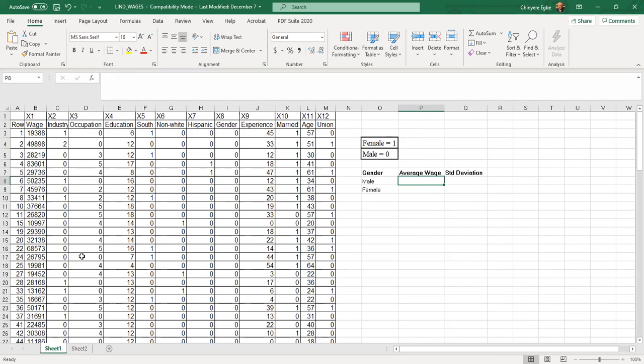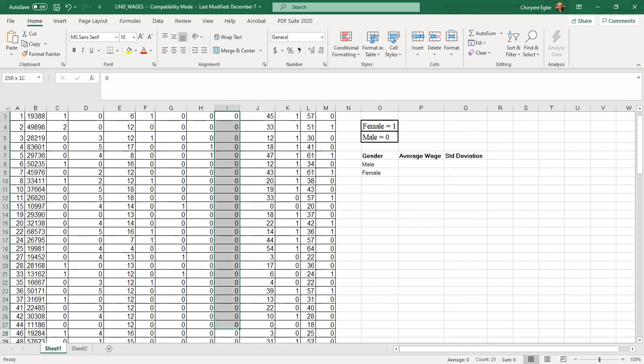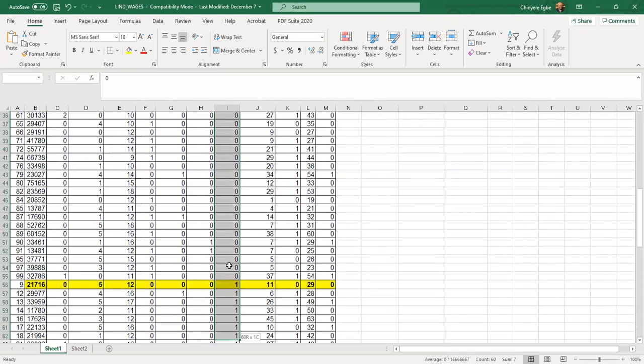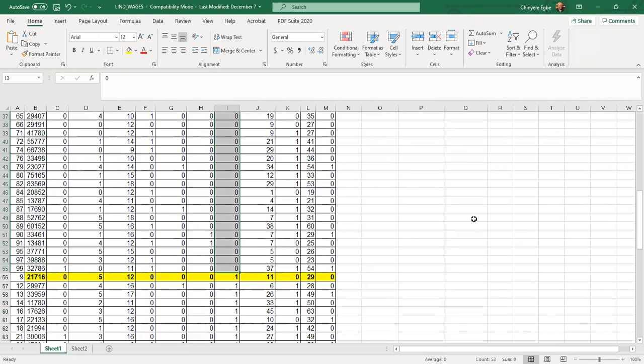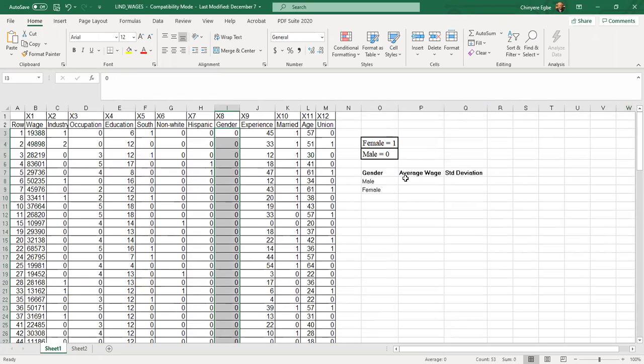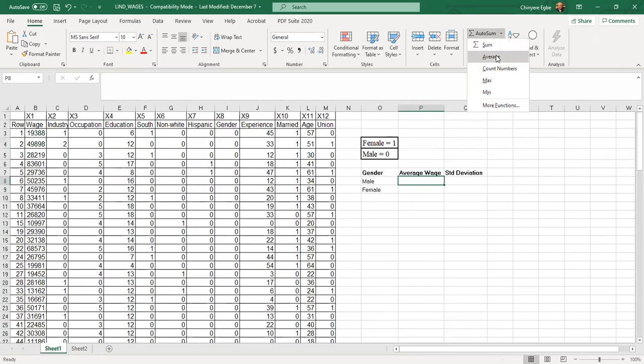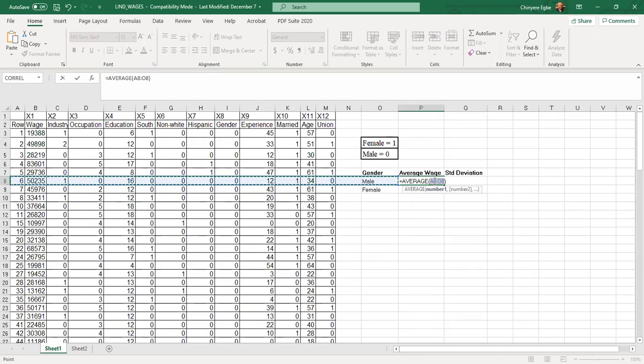Very simple. You're looking at the average wage. The males go from location 3 to location 55. So you come here and use the average function, and the wage is in column B, so you're looking at B3 to B55.